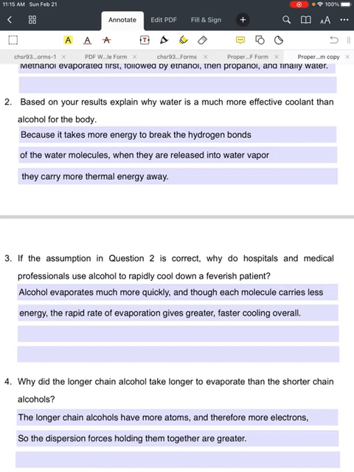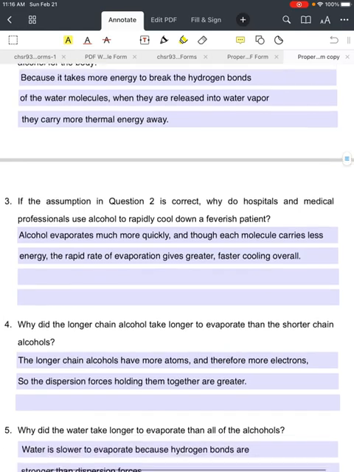Well, the more atoms you have, the more outer shell electrons you have to produce these dispersion forces. And therefore, as I wrote here, the longer chain alcohols have more atoms and therefore more electrons. The dispersion forces, one of the 2 types of van der Waals forces, holding them together are greater.